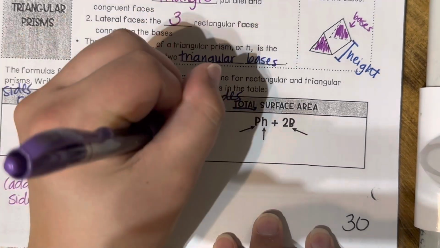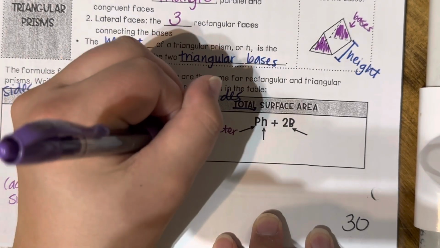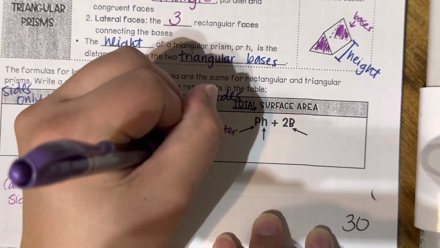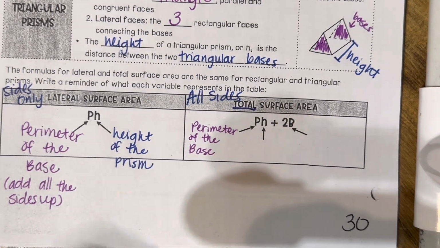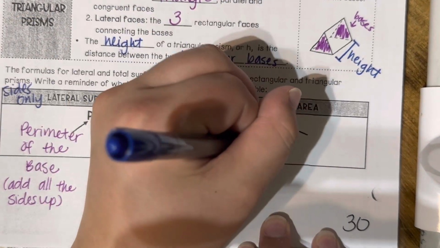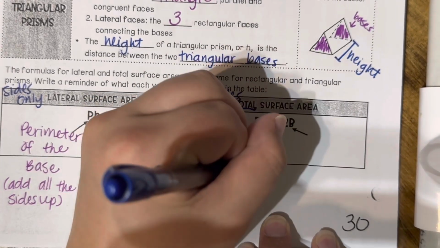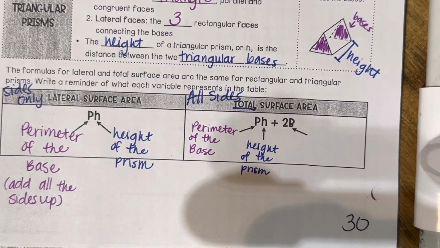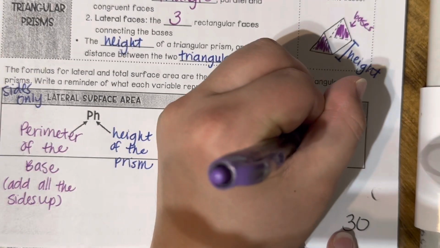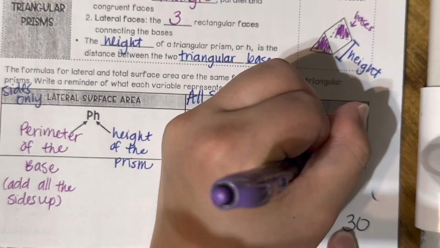So P is still the perimeter of the base. So you're gonna add up all those sides. The h is still the height of the prism. And now I have plus 2 times big B. And remember, big B means area of the base.